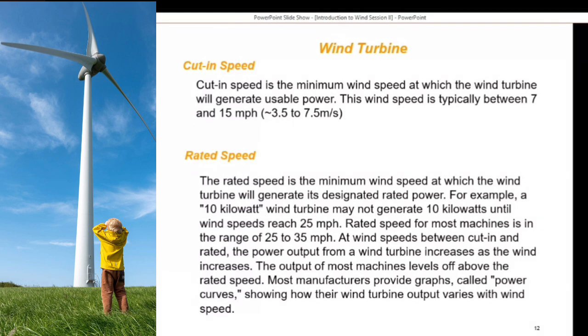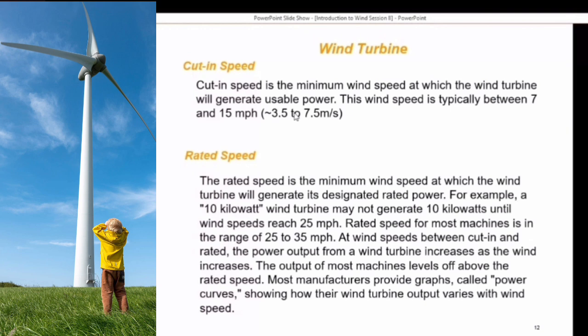So the output of most machines levels off above the rated speed. Most manufacturers provide graphs, or power curves, showing how their wind turbine output varies with wind speed. That is what I was saying. From 3, there is a certain output, production. At 5, there is a certain output. At 7, there is a certain output.